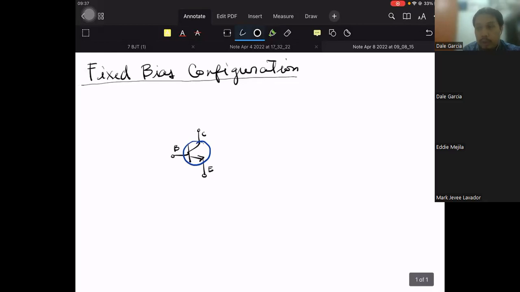Actually, only two resistors. The emitter we connect directly to ground. To the base we connect a resistor that we call RB, and to the collector a resistor that we call RC.